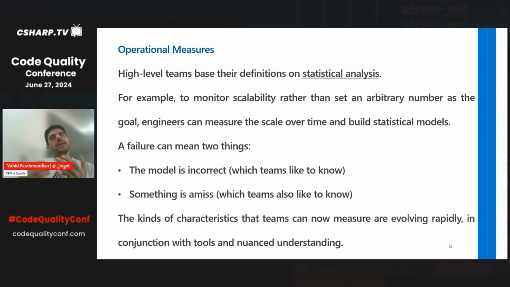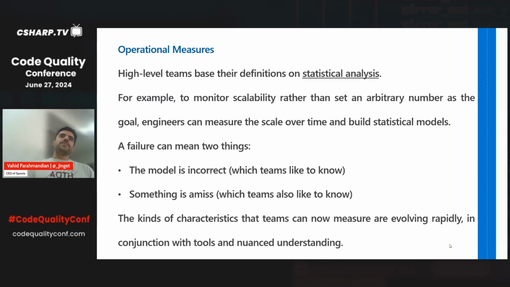The main reasons for failure of our statistical models is that the model is incorrect or something is amiss. Both are things which teams like to know in order to make their statistical models better and to evolve them over time. Of course, after some time, we will have a very good statistical model which can fit our data and which can give us very informative information about our characteristic measure.